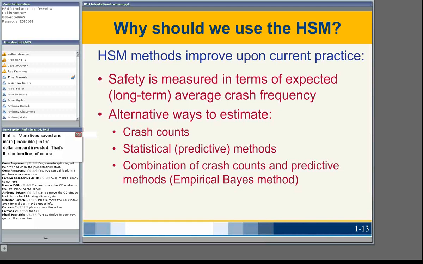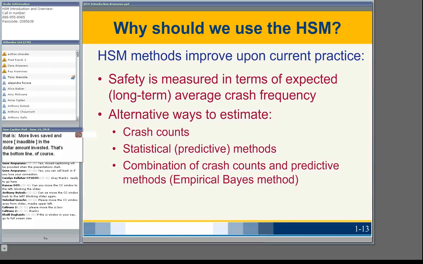So I think it makes sense, and of course I took a course 30 years ago in statistical decision theory that said that we should make our investment decisions based upon the best possible estimates we have of the expected value, in this case the expected safety performance of our choices, measured in terms of crash frequency, and base decisions on this notion of expected value.